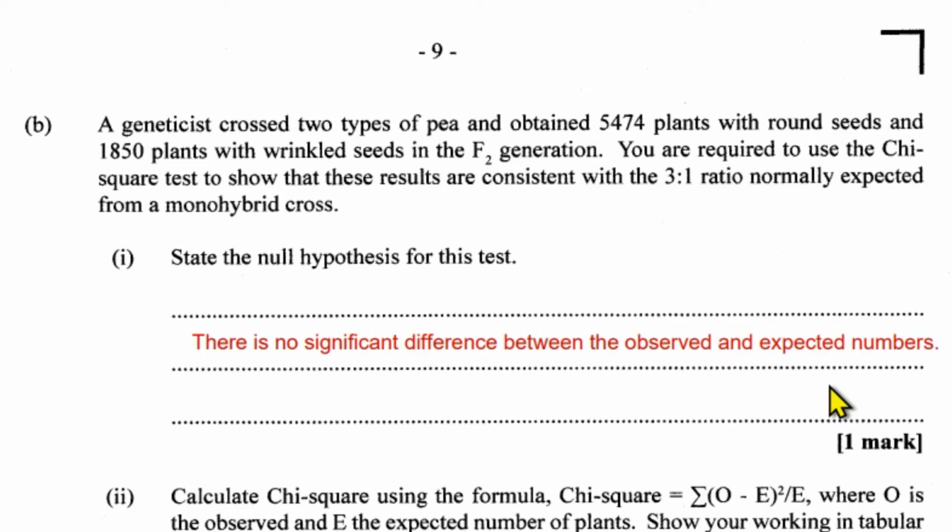And that would be what we call the alternative hypothesis, where there is a significant difference. But first we assume that there is not, and that is the null hypothesis. And what we would have to do is either reject this null hypothesis or fail to reject it, which is basically like accepting it.